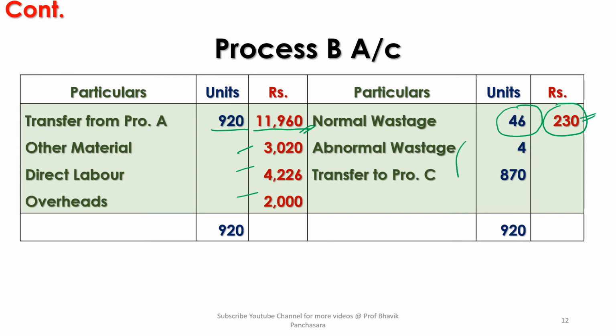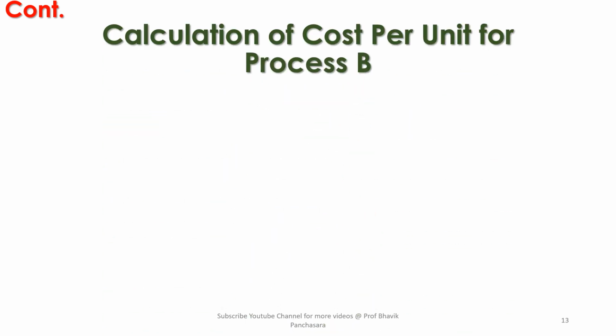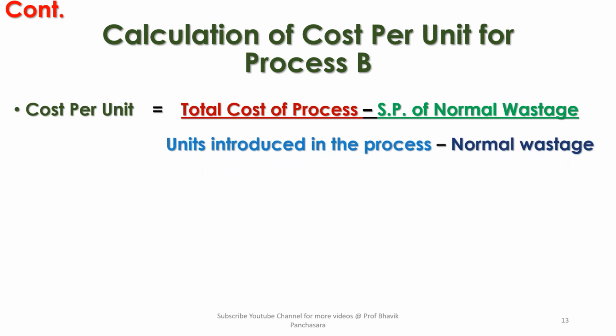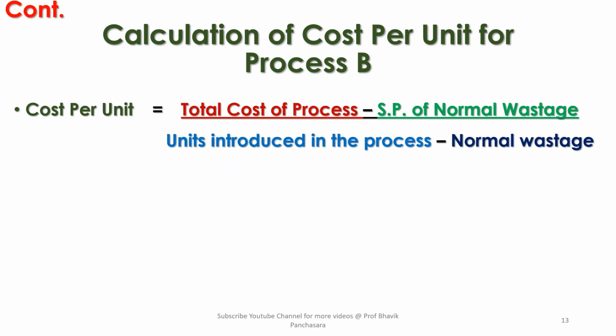Now we have to find out the cost per unit for these abnormal wastage units and the units transferred to process C. To calculate the cost per unit, we will use the same formula that we have used for process A. Here, total cost of the process: if we make the total of the debit side amount, the total will come to 21,206 rupees.